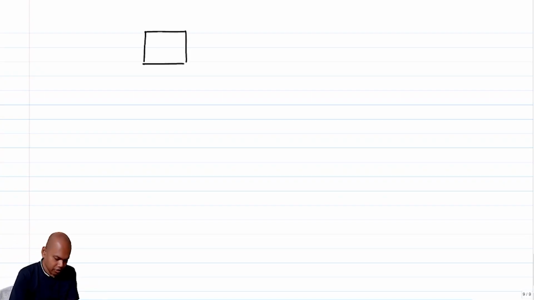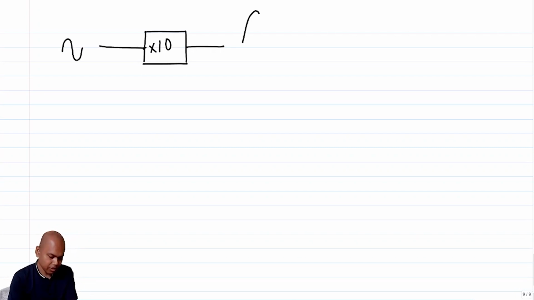Distortion, as the name suggests, is this: if you have an LTI system, and you have an input and you expect it to get amplified by a factor of A, for example, let's say an amplification factor of 10, then if I have a sinusoid, the output will also be amplified by a factor of 10.